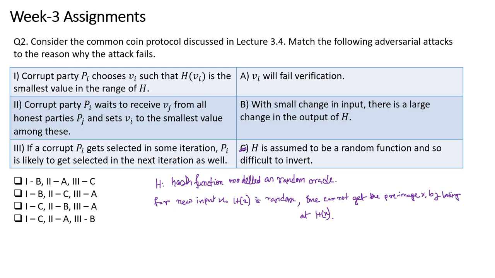And finally, if a corrupt pi gets selected in some random iteration, pi is likely to get selected in the next iteration as well. This does not hold true, because again h is a hash function modeled as a random oracle.